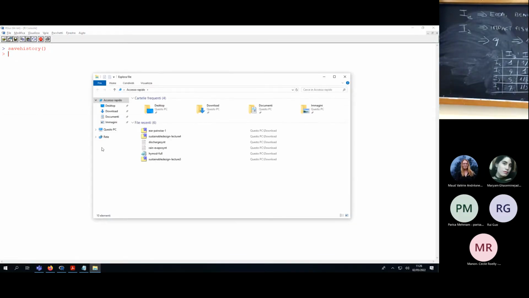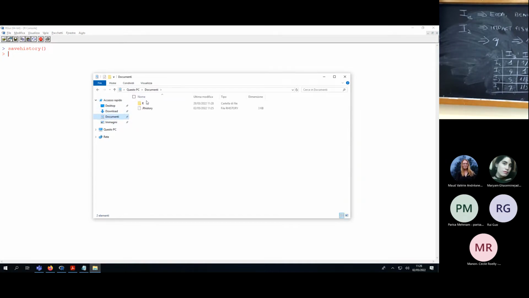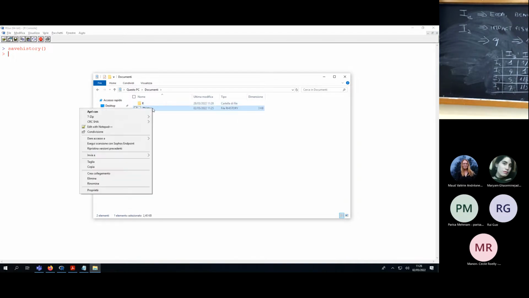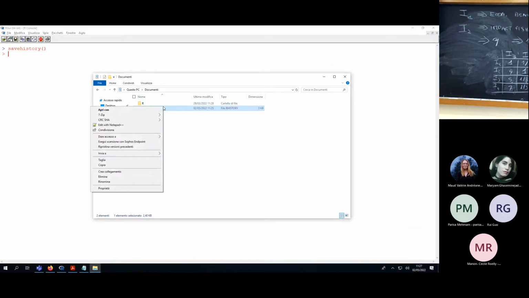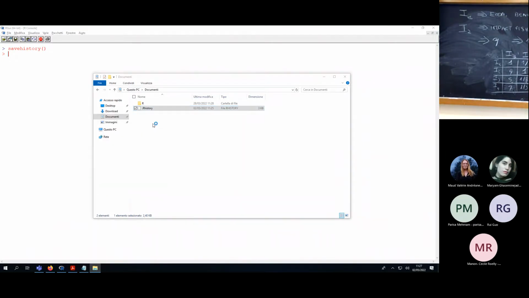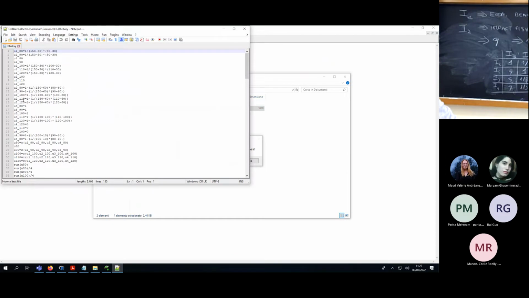Oh, okay, it is really slow. Okay, now documents, history. You see that I have the history file under documents, and let me open it with Notepad. Let's see if I double click, no. One second, okay, here it is.